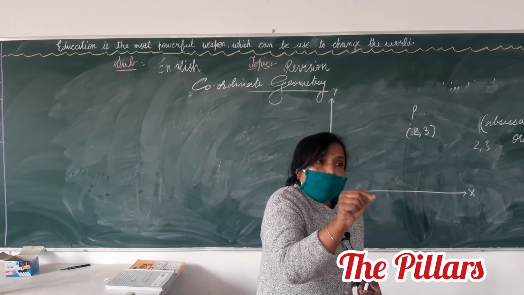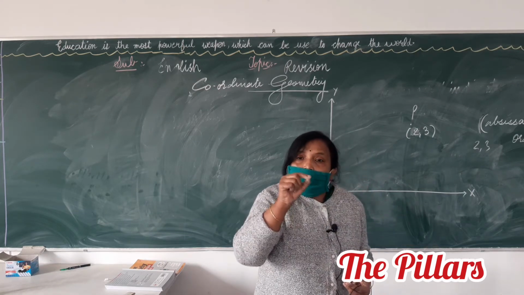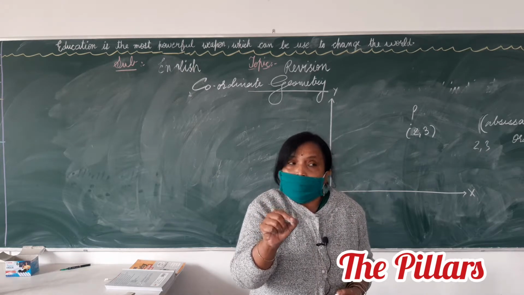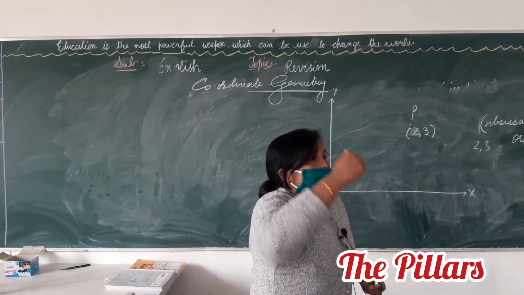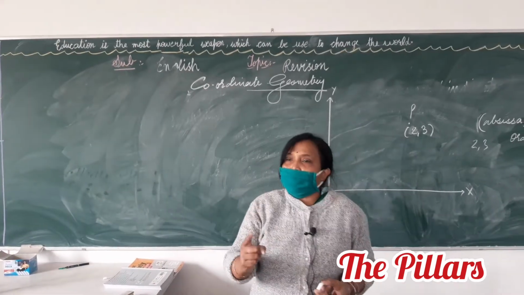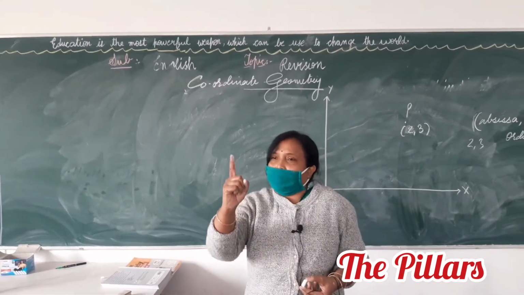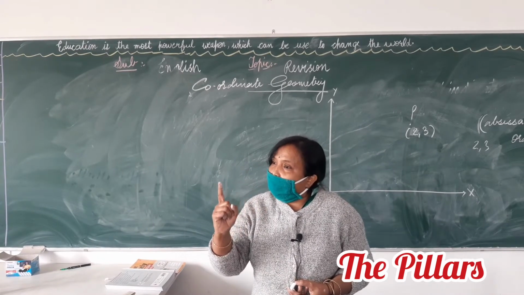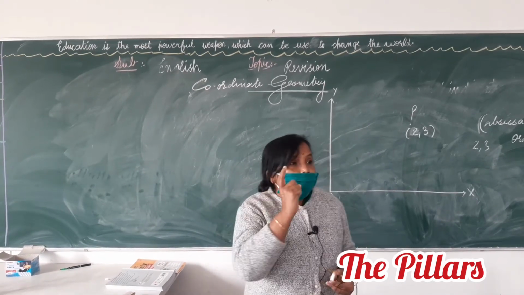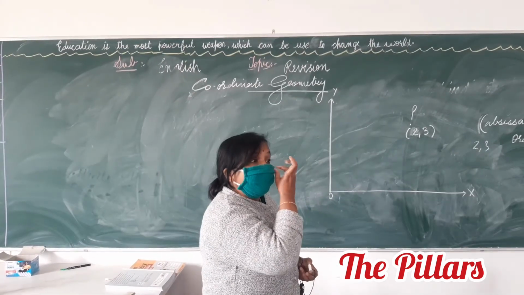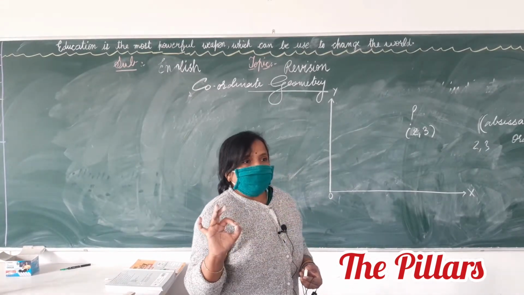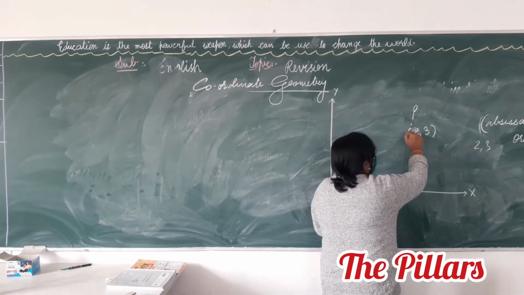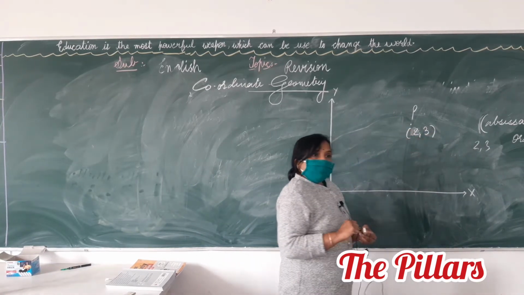By some rule or order, the elements within the brackets are to be placed. What is the rule? Compulsorily, the first one should be along x-axis, and the second one should be along y-axis. That is why they are called ordered pair, and this is the reason why we keep it in the bracket.